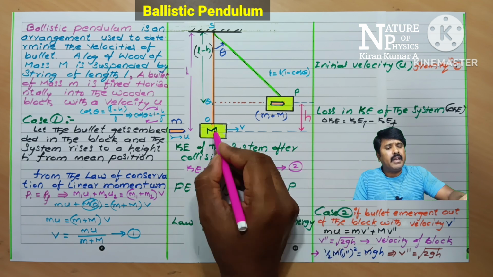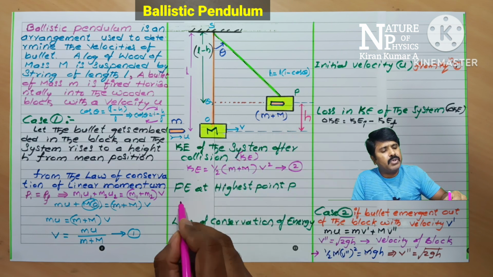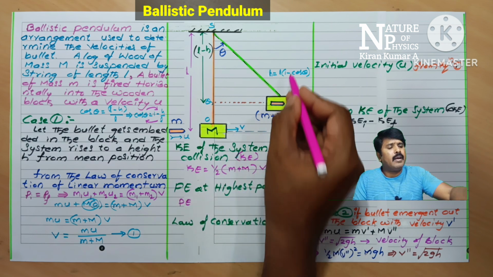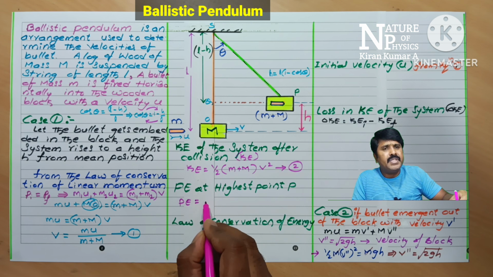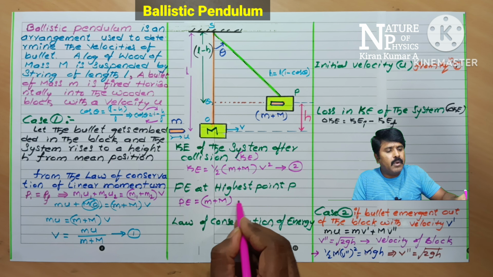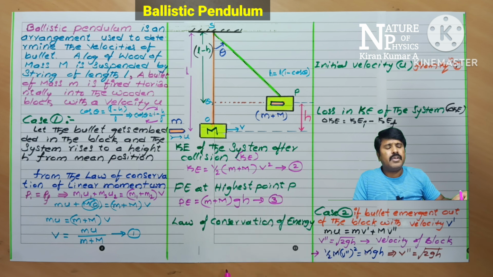And here the kinetic energy is converted into potential energy from the mean position to the extreme position. So the potential energy at the highest point P is mgh, the basic formula, (m plus M) gh. This is equation number 3.